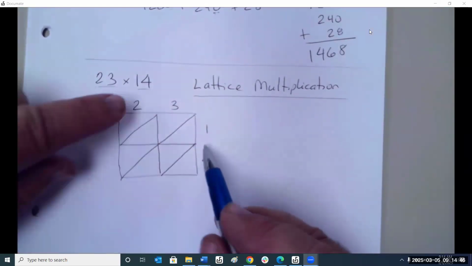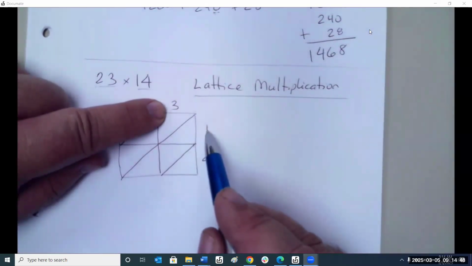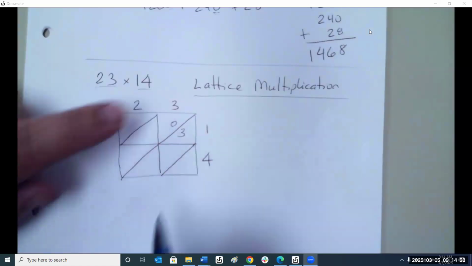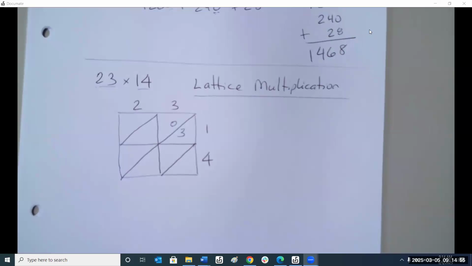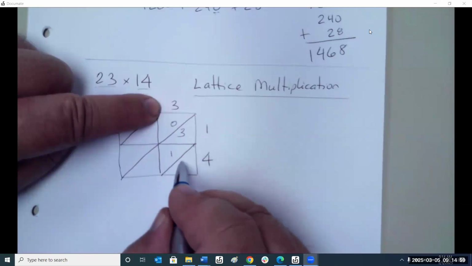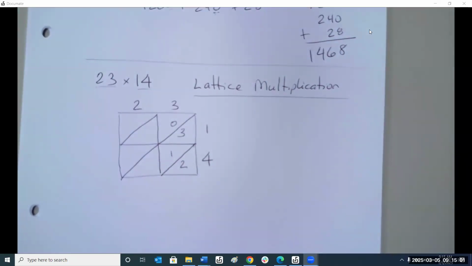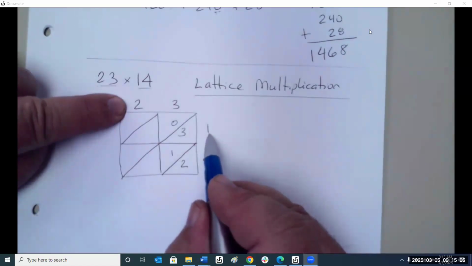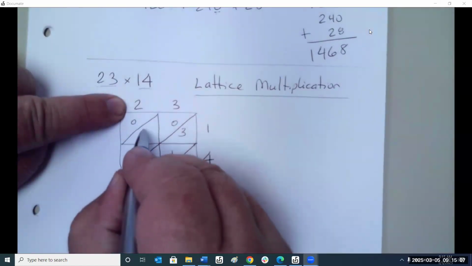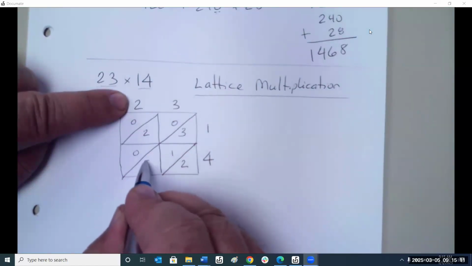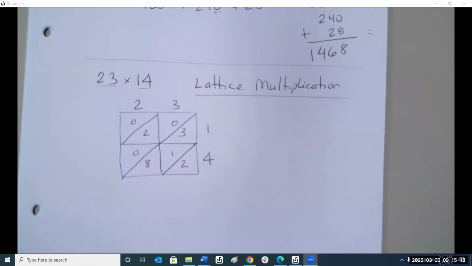So in this first one here, what is 3 times 1? 0, 3. 3 times 4. 2 times 1. 2 times 4. 0, 8. You notice you have to put the numbers in each column.